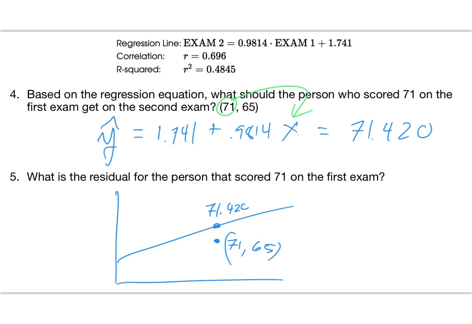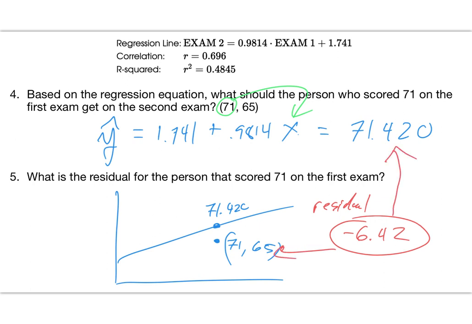But when you hover over it, I believe it tells you the residual of that data point, does it not? Yes, it does. What is the residual of that data point? Negative 6.42. Because 65 is 6.42 below the predicted value.